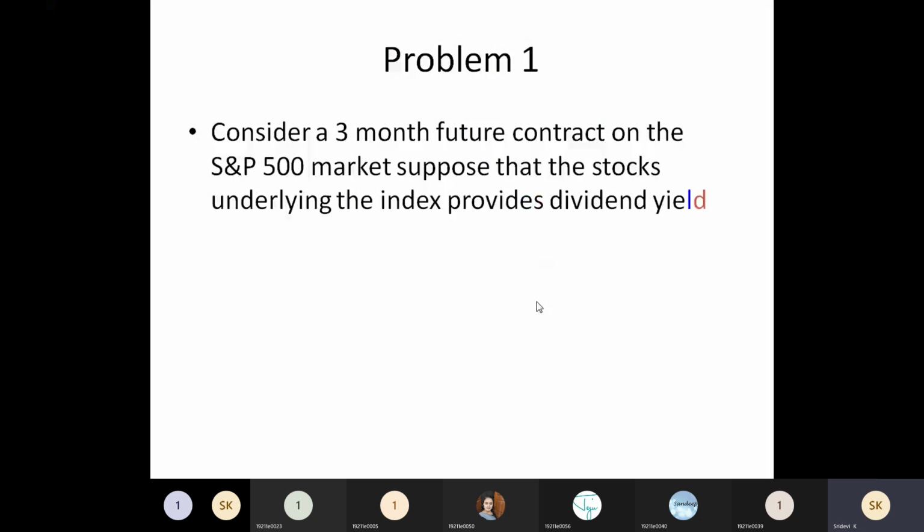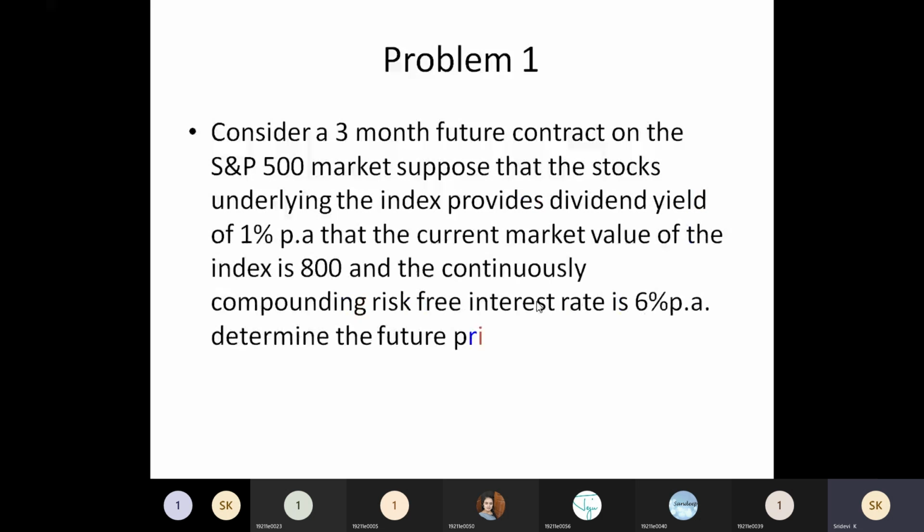Consider a 3-month futures contract on the S&P stock index, 500 market price.